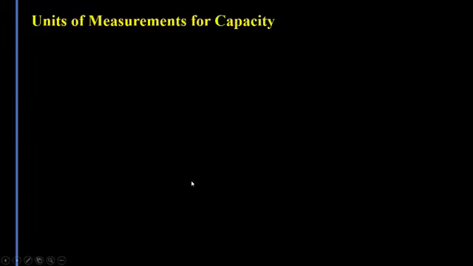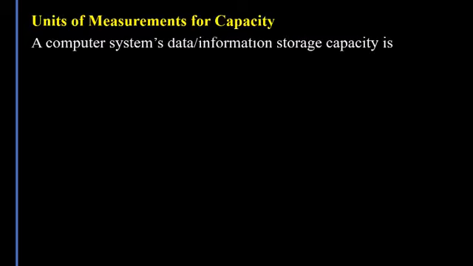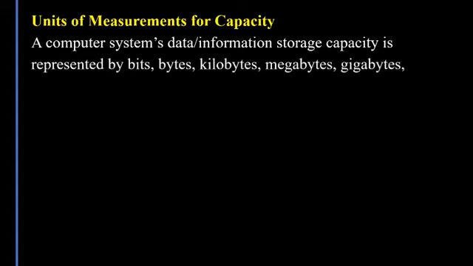Units of measurement for capacity. The information we store in our machine can be measured. You hear of a byte, kilobyte, megabyte, terabyte. So a computer system's data or information storage capacity is represented by bits, bytes, kilobytes, megabytes, and gigabytes.